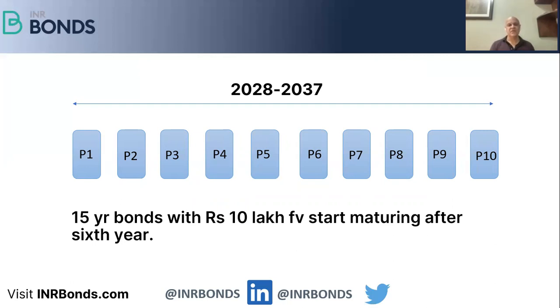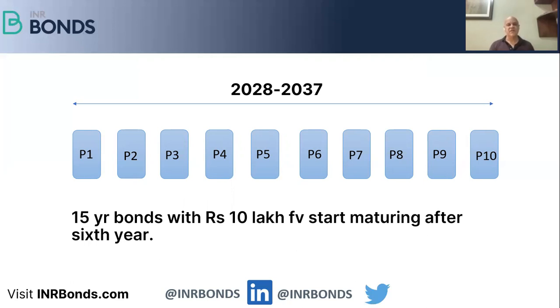For 10 installments, they will pay 10% of the face value. Supposing the face value is 100, then starting from the 6th year, every year rupees 10 is paid out. And each of these principal payments is a bond by itself. So the issuer issues one bond of 15 years maturity but pays out the principal in 10 different installments.